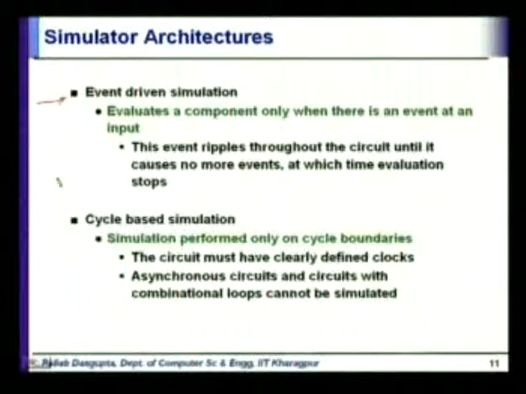What does event driven simulation do? It evaluates a component only when there is an event at an input. Whenever there is a change in the input of a logic, we will propagate that event. Now look at this: suppose I have a logic which has 50 inputs, and only one of those inputs changes. It is unlikely that it will affect all the gates of the circuit.